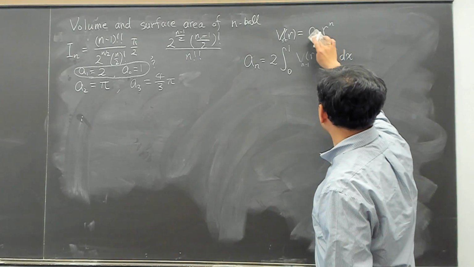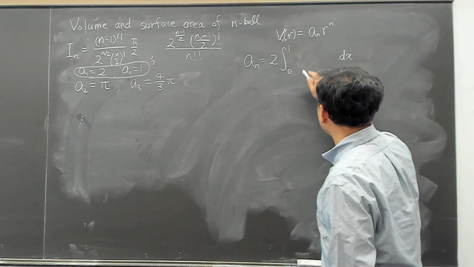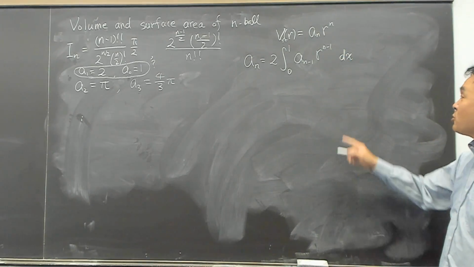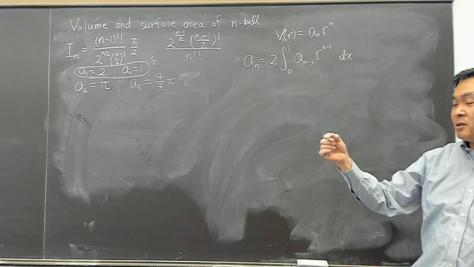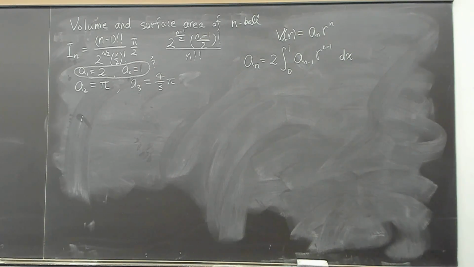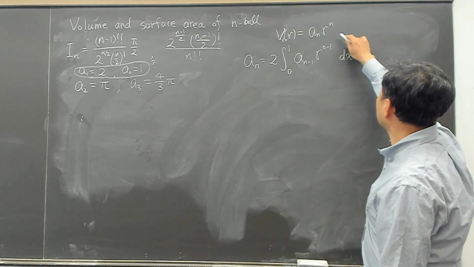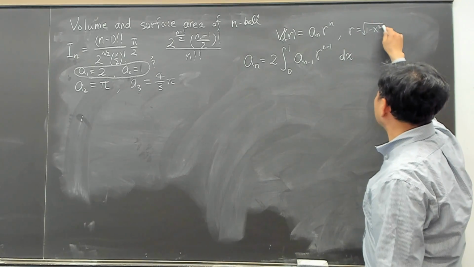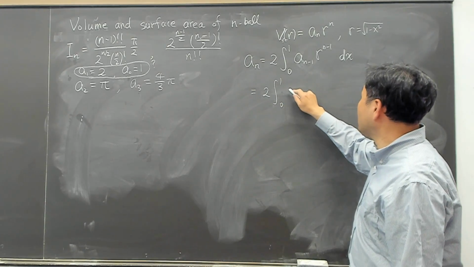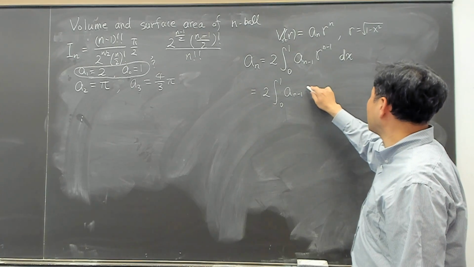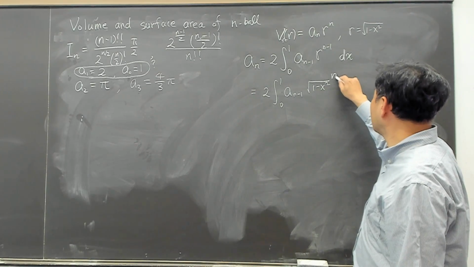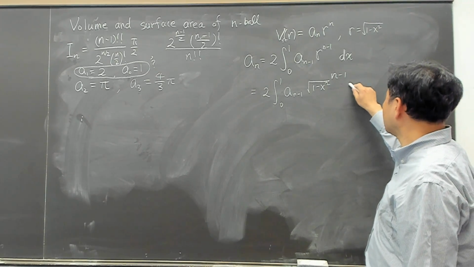So I'm going to quote this formula with n minus 1, so it will be A n minus 1 r to the n minus 1. So you add these things as you increase x from 0 to 1, add them up, you get the n-dimensional ball, right? Now, we also know that r is the square root of 1 minus x squared from that picture we had, so we're going to have the integral from 0 to 1 of A n minus 1 times the square root of 1 minus x squared, to the n minus 1 power, dx.